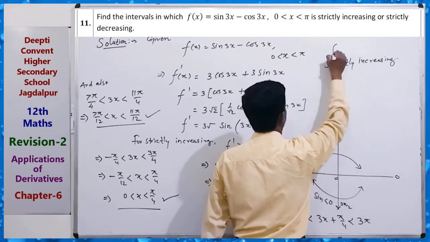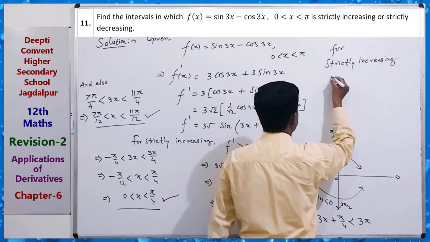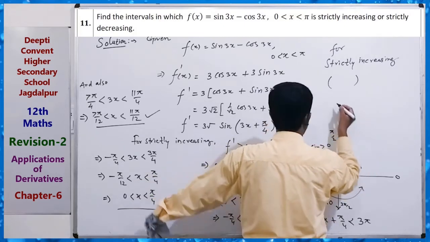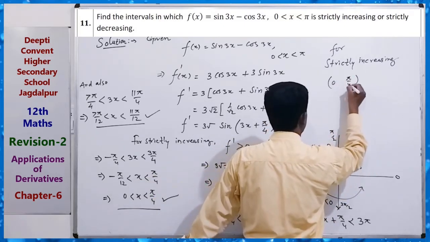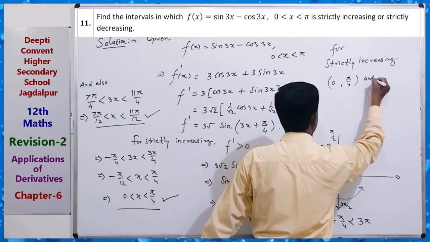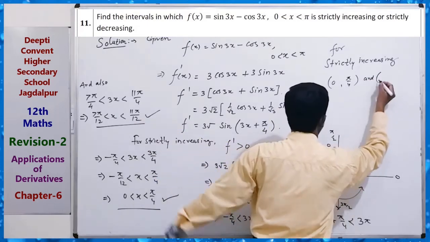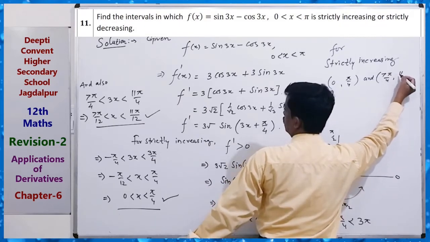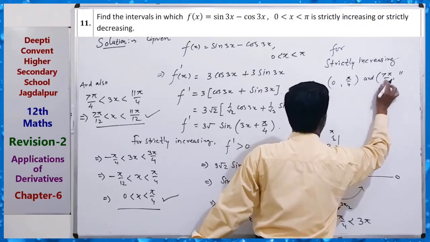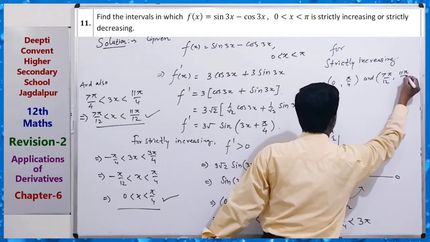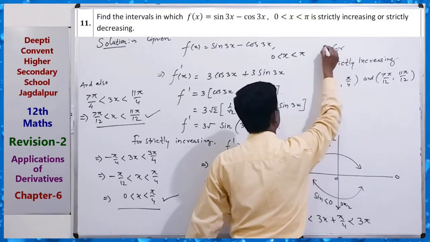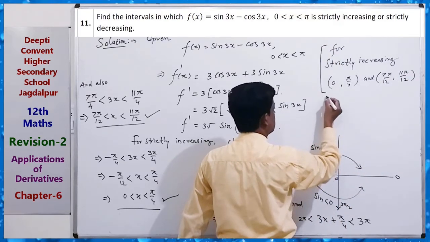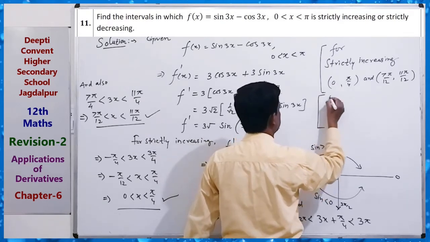For strictly increasing, the first interval is 0 to pi by 4, and the second interval is 7 pi by 12 to 11 pi by 12. This is for strictly increasing.